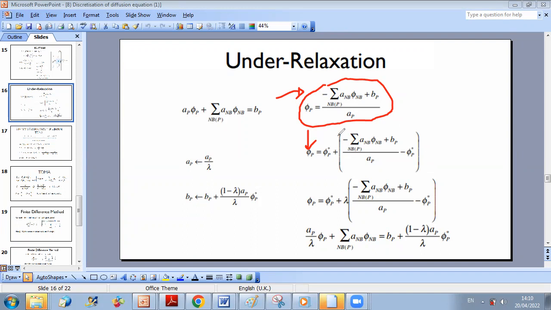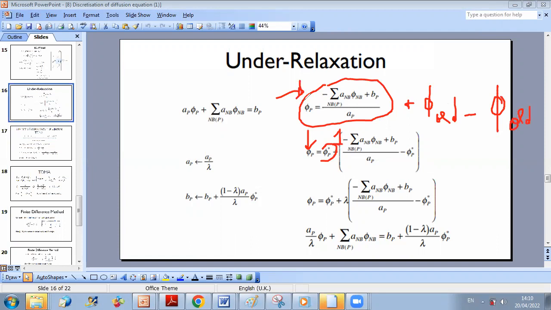If you don't under relax, if you take the value as it is, then lambda will be equal to 1. Here I add plus phi old, and what we call phi star, minus phi old. I don't change anything if I just add and subtract the old value to phi new.